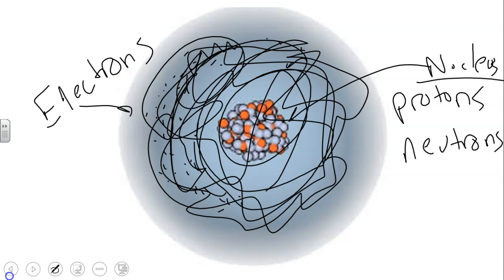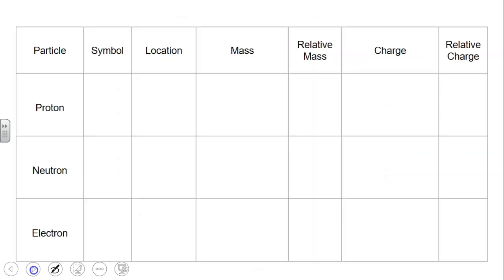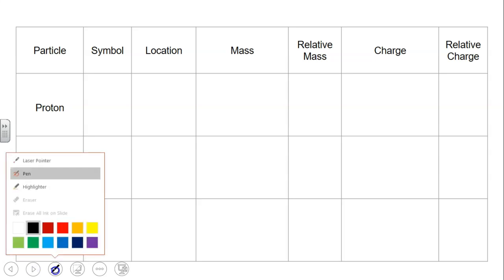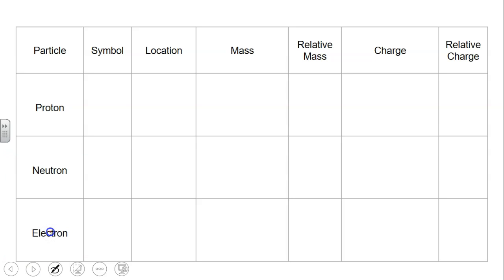Okay, let's take some time and summarize what the folks who actually researched atomic structure came up with and put that on a table. So here we have protons, neutrons, and electrons. First and foremost, I think it's important for us to come up with an abbreviation that makes sense. So a proton is going to be called P, and then we're going to have a symbol for it that's a positive.